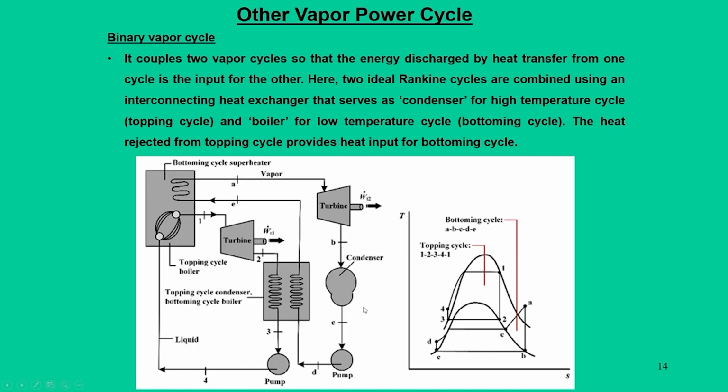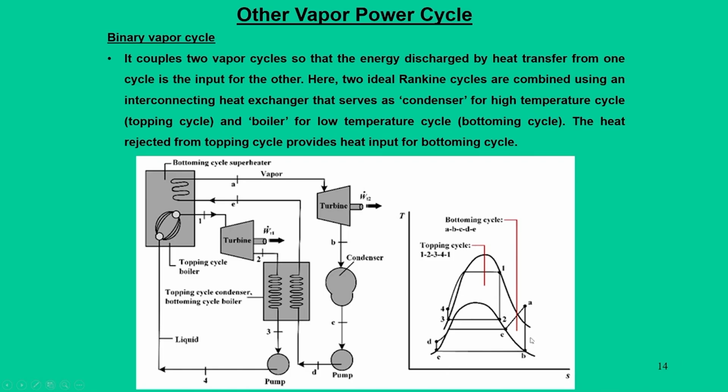To understand this cycle, first let us see what this means thermodynamically. In fact, here we draw two domes, one dome for one working fluid and the other dome for a different working fluid, on a single plot.